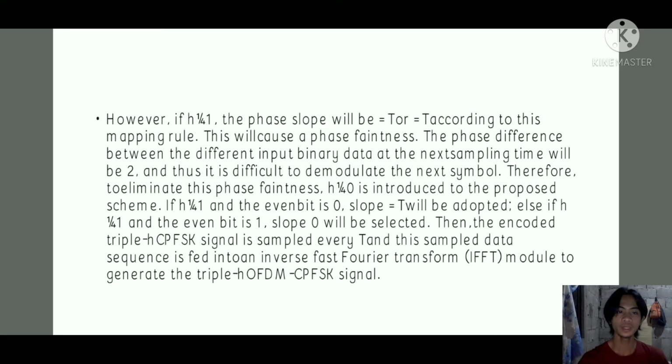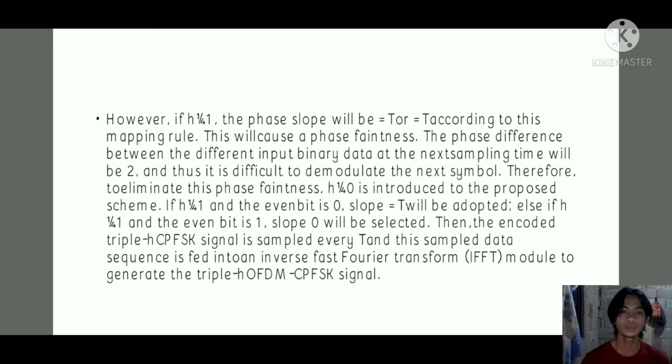However, if h1 is 1, the phase slope will be according to this mapping rule. This will cause a phase ambiguity. The phase difference between the different input binary data at the next sampling will be 2 pi, and thus it is difficult to demodulate the next symbol.